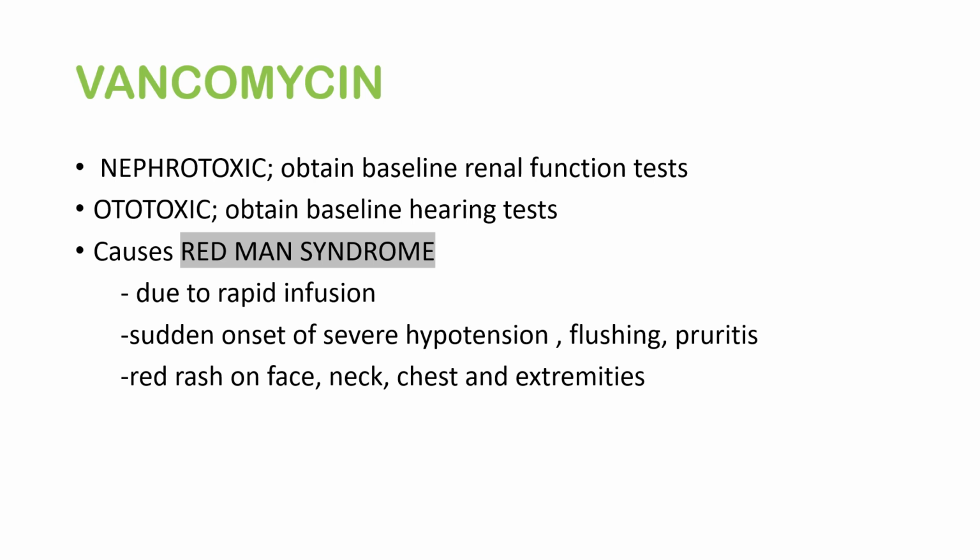Vancomycin is nephrotoxic, ototoxic, so obtain baseline renal function test and hearing test before administering vancomycin. Classic symptom of vancomycin is red man syndrome. If given very rapidly, it can cause severe hypotension, flushing, pruritic rashes to the patient. Red rash appears on face, neck, chest and extremities of the patient.